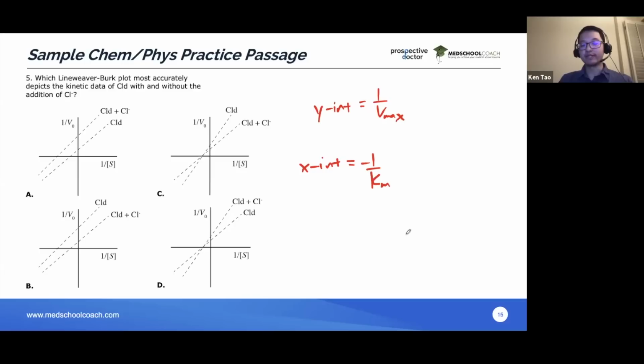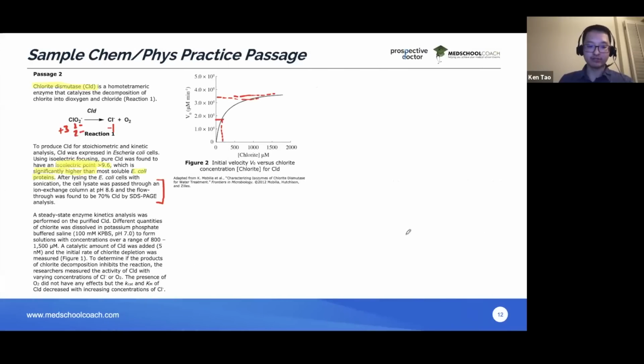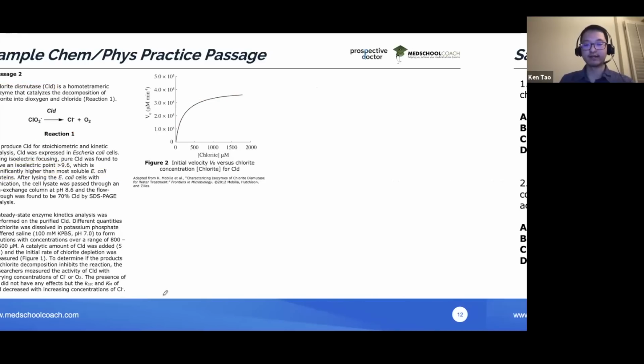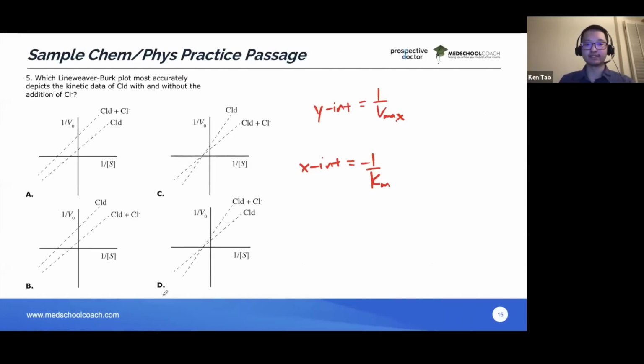So we need passage information about chloride dismutase to answer this question. And if you recall, in the last paragraph of the passage, they gave this information that kcat and Km are both decreased with addition of chloride. So we know that kcat is decreased, Km is decreased with chloride.